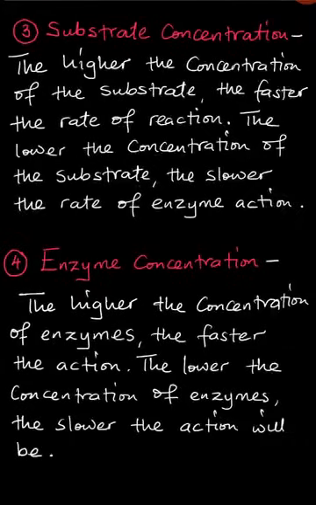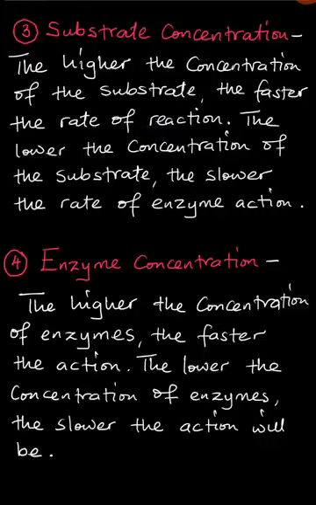The third factor that affects the rate of enzyme action is substrate concentration. Remember, a substrate is just a substance that is being worked on by an enzyme. Now, if substrate concentration is higher, the rate of enzyme action will also be high.